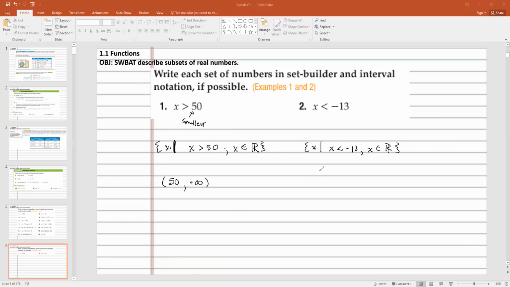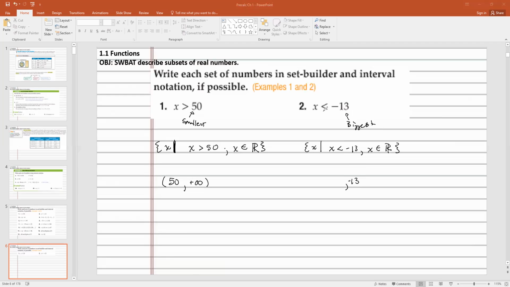And there you go. And then for the interval notation, here it says x is less than negative 13, so that means negative 13 is going to be the biggest number. We want numbers that are smaller than negative 13. So this is the biggest. All right. So that means this would be here.